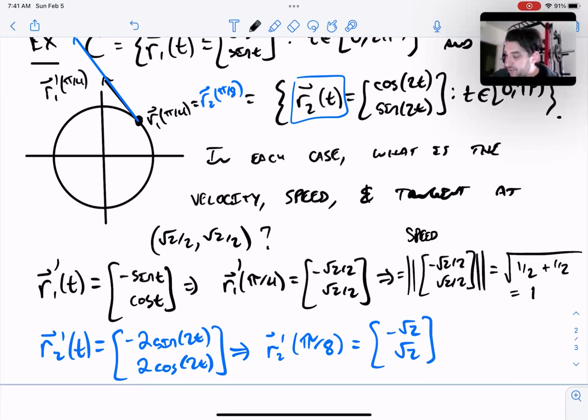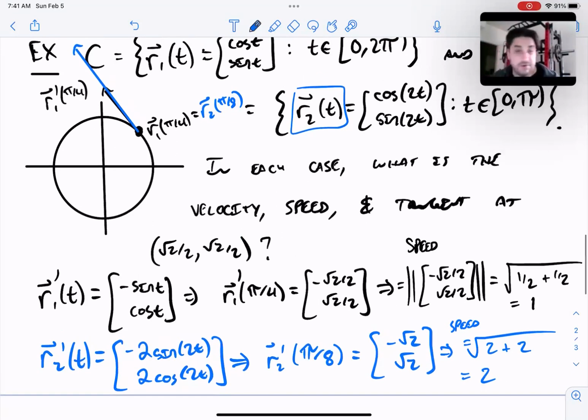So the speed there is 1, but the speed here is going to be, again, the square root of the sum of squares. That's going to be 2, right? So there we have our two different speeds, right? One for R1, one for R2.